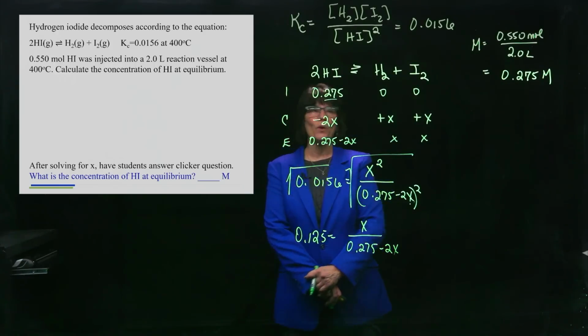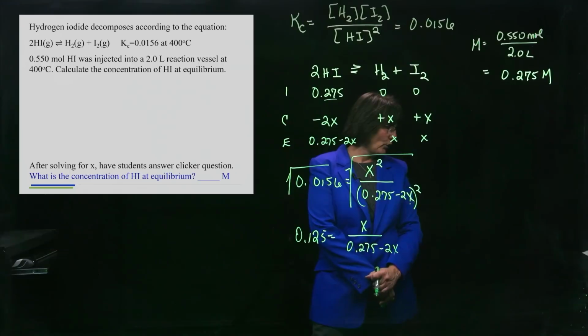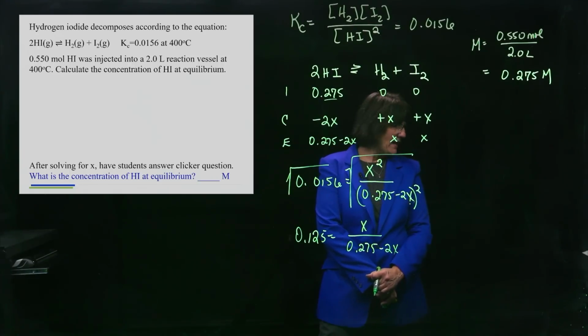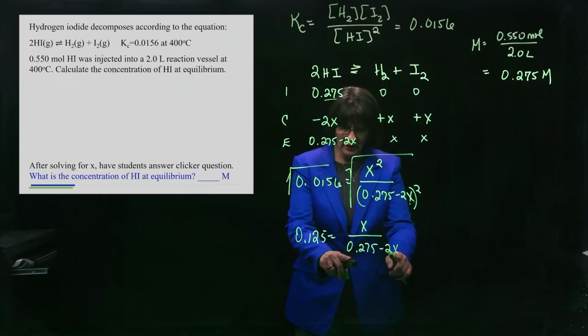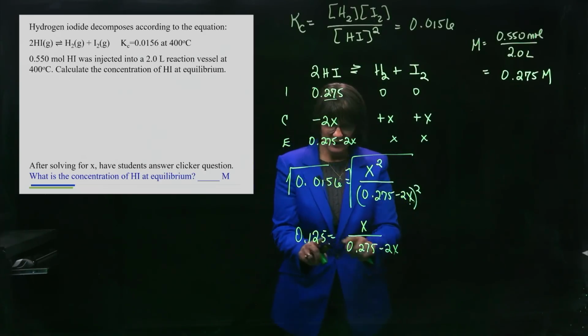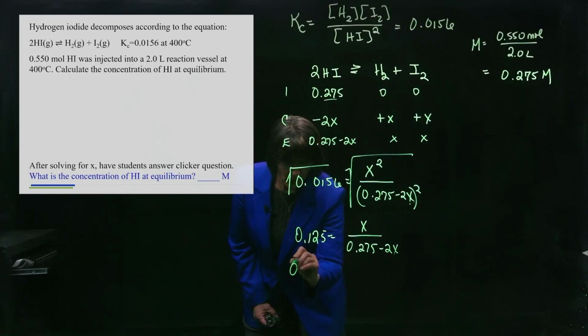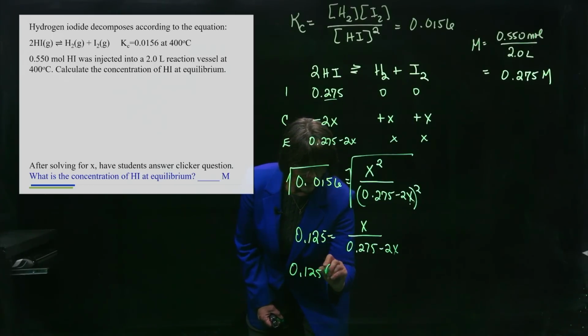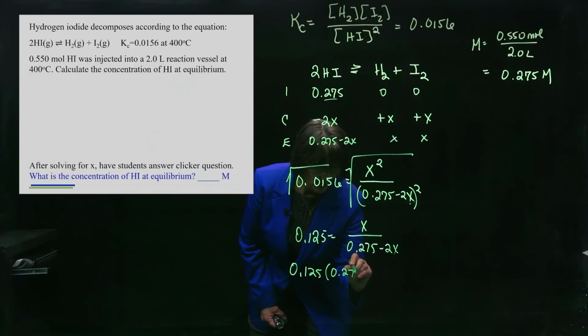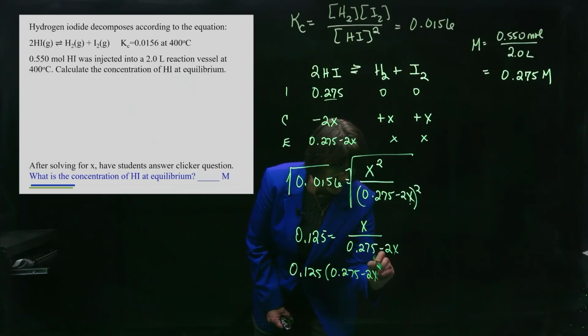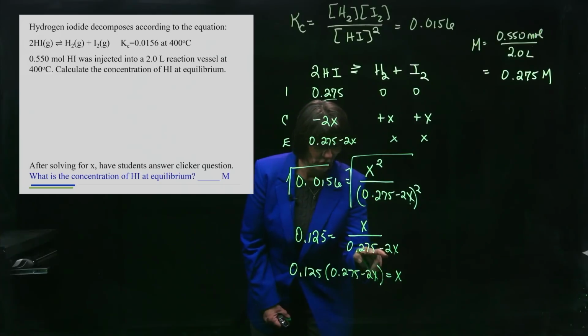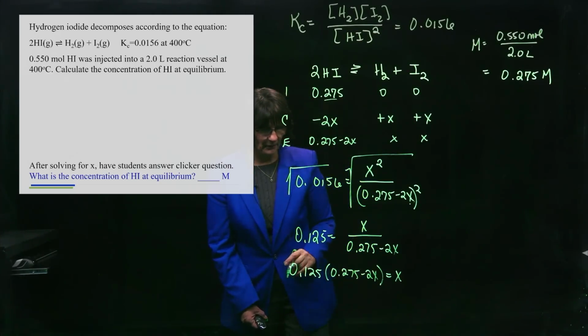Now, I don't have any squared terms, so I don't have to worry about the quadratic. Now, what I'm going to do is I'm going to multiply this to this side and do the distributive property. Let me write it out, what I'm doing, okay? So I'm taking 0.275 minus 2x, and that is equal to x. So I've multiplied both sides by this denominator.